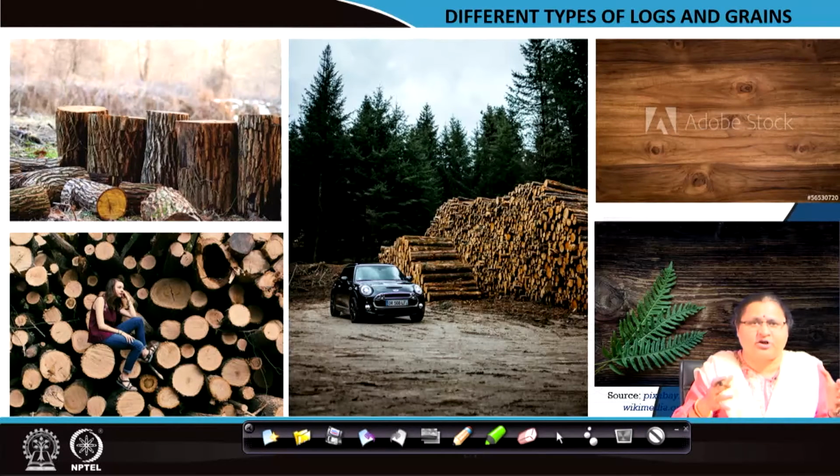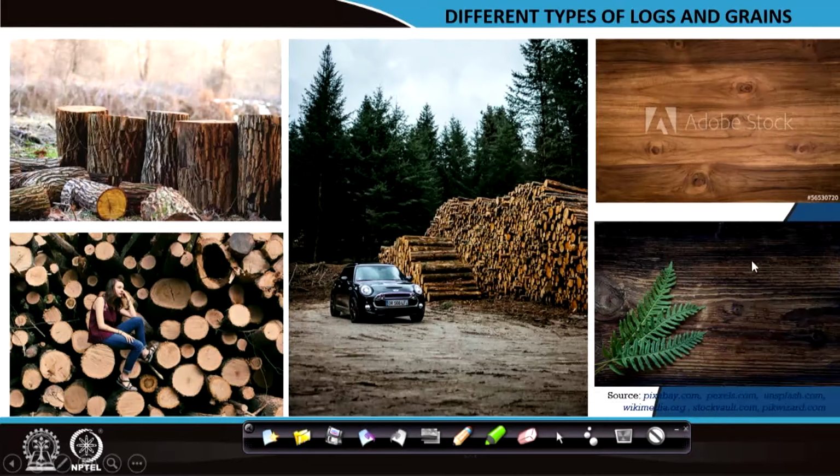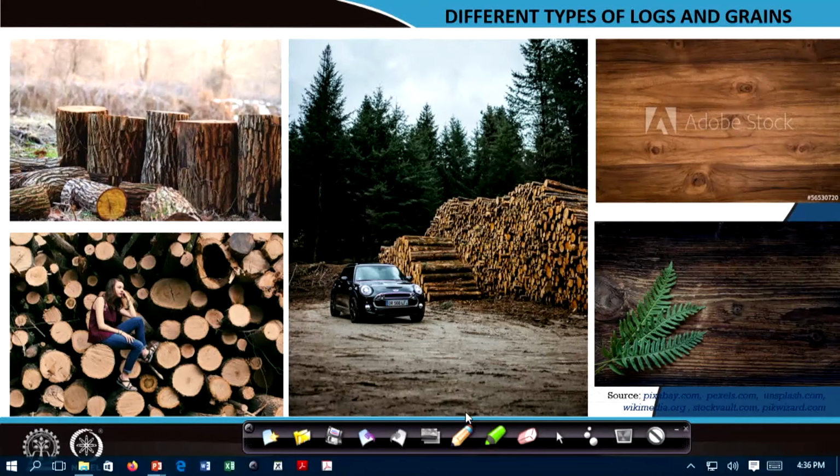These are called logs, which are taken from the site to prepare usable wood helpful for our building industry. You can see 2 more pictures here, where you can see some knots, some grains, some patterns or lines.